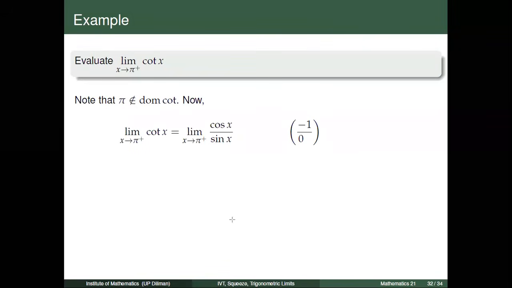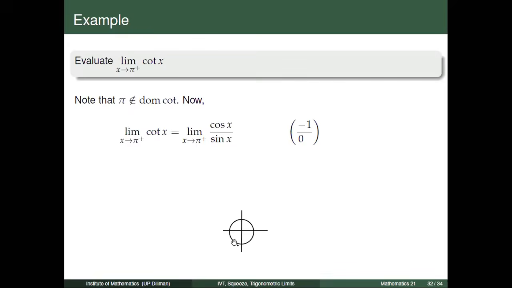Now, what does x approaching pi through values greater than pi mean? First, let me just complete this drawing of the unit circle. Okay, so x approaching pi from the right means x approaches pi through values greater than pi.